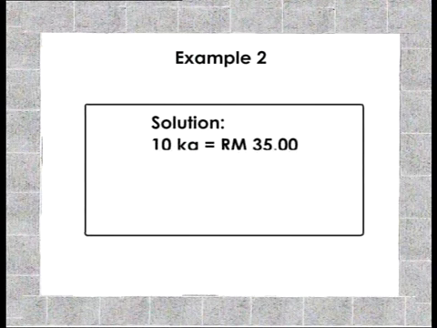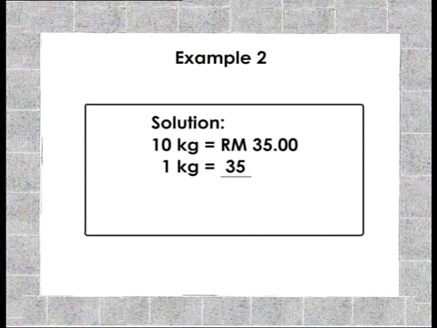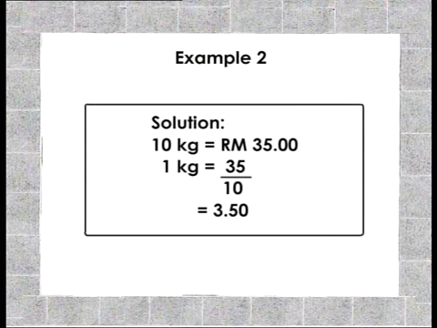Calculate the price of sugar per kilogram. Solution. 10 kilograms equals to 35 ringgit. 1 kilogram equals to 35 over 10 equals to 3.50. Thus, the rate for 1 kilogram of sugar is 3 ringgit and 50 cents.